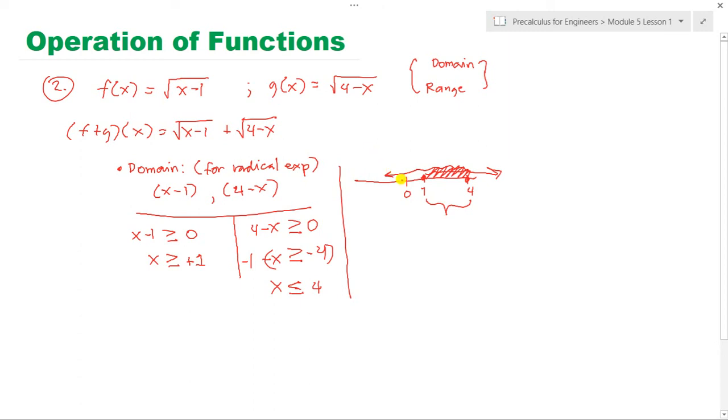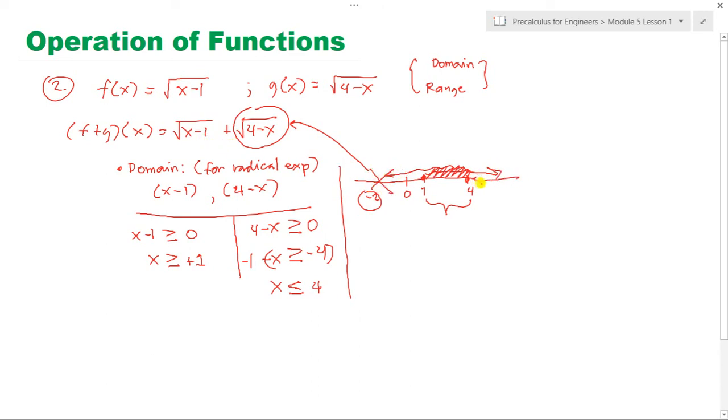So if we substitute numbers less than 1 on the second radical sign, let's say we have here negative 2, so it is acceptable or not. So here for negative 2, it is acceptable for the second radical expression, but how about for the first? The first is not acceptable, so therefore the entire thing should not agree with this.